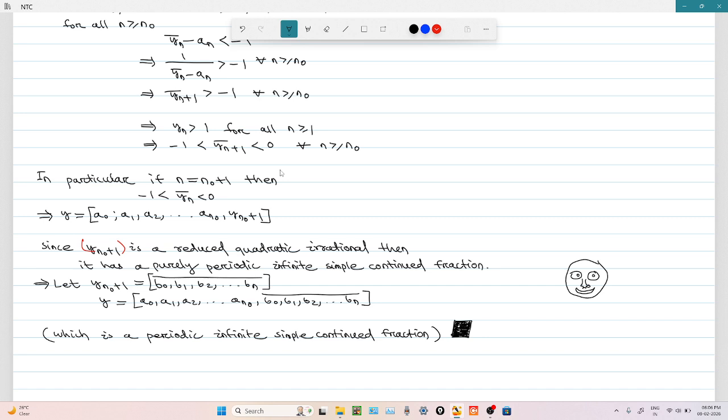Let y n0 plus 1 equal b0 b1 b2 bn with repetition bar. Then y equals a0; a1 a2 an0, b0 b1 b2 bn with repetition bar, which is a periodic infinite simple continued fraction. Proved.